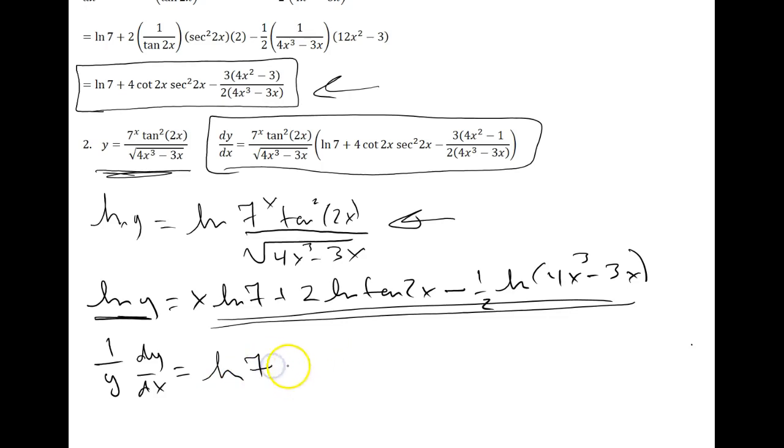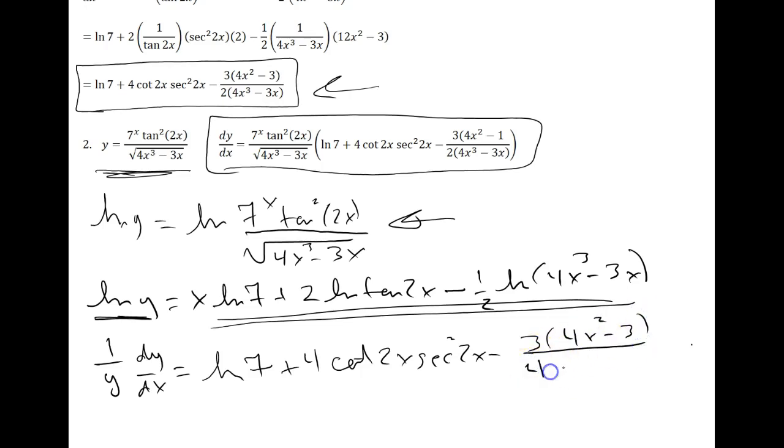Natural log of 7 plus 4 cotan 2x secant squared of 2x minus 3 outside of 4x squared minus 3 all over 2 outside of 4x cubed minus 3x.